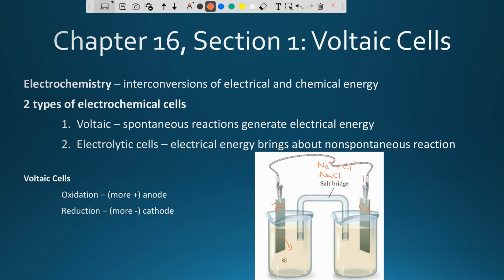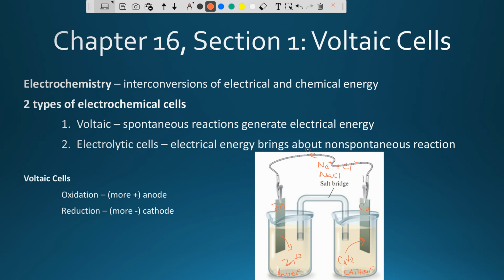Okay, so let's take a look at what's happening here. We said that my zinc was going into solution, and that my copper was going onto the metal. Now remember that this was my anode and this was my cathode. And now we're starting to see something that's even more like a battery when we have a positive side and a negative side.